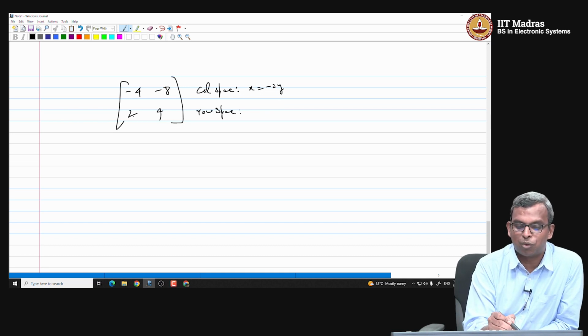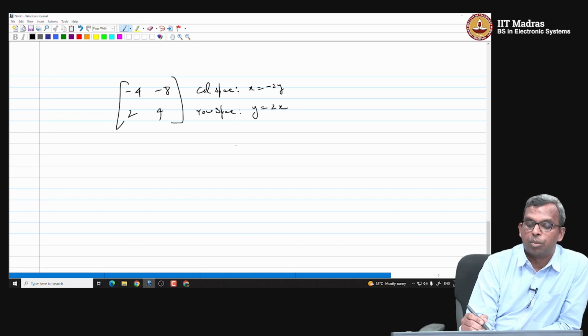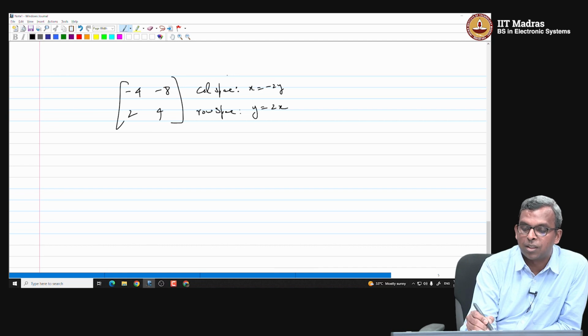So column space is minus 4, minus 2. Row space is minus 4, minus 8. So it becomes y equals 2x. Okay. I hope you see this. So column space was the span of minus 4 comma 2. So that is x is minus 2 times y.